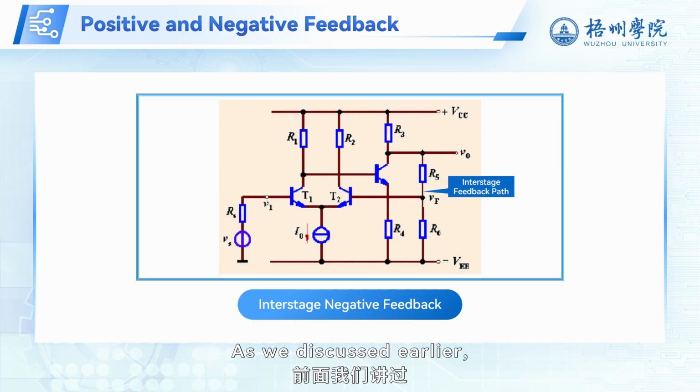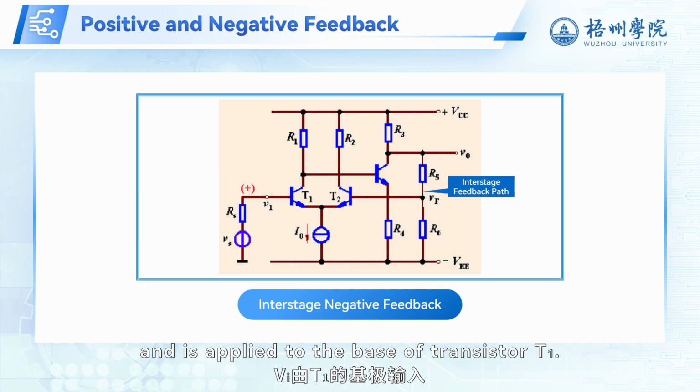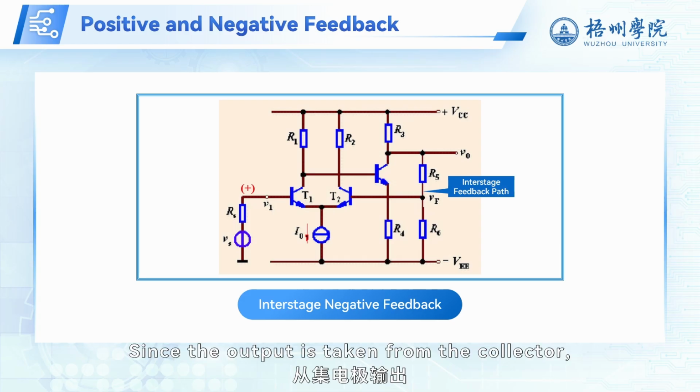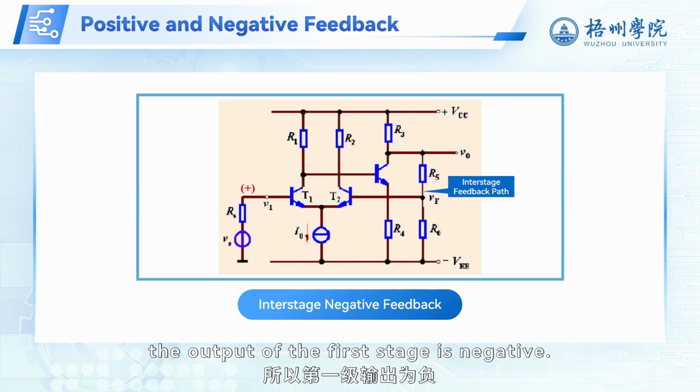As we discussed earlier, in transistor amplifiers, the base and collector are out of phase with each other. Assume that the input signal Vi has a positive instantaneous polarity and is applied to the base of transistor T1. Since the output is taken from the collector, the output of the first stage is negative.